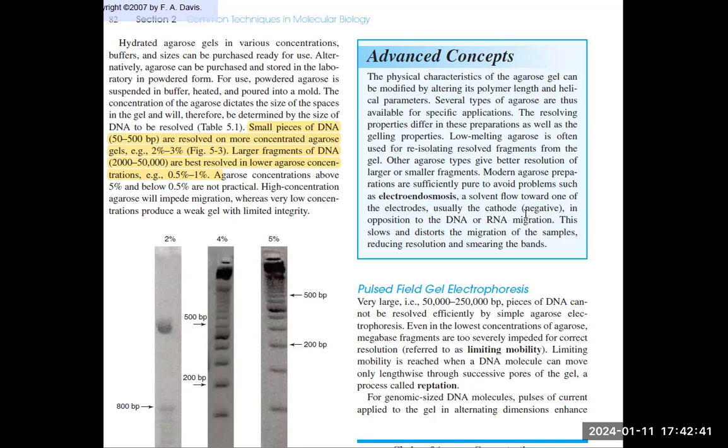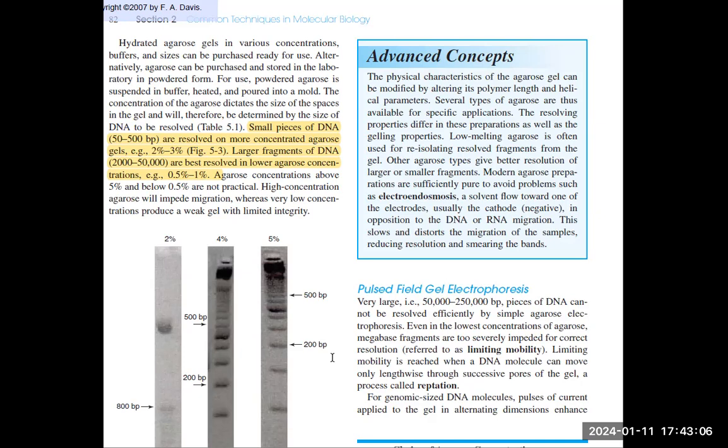So it contradicts the general rule that migration is always towards the anode, right? So you might wonder, why aren't my samples moving and they're just at the cathodal part? Is there something wrong? You might say maybe that's really their nature. No, it could be that you prepared an impure agarose gel in the lab.